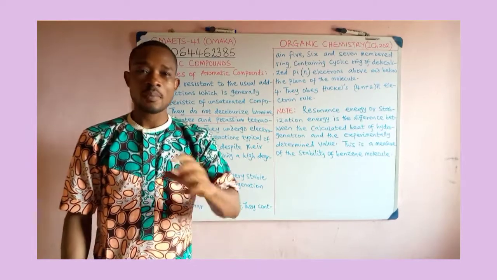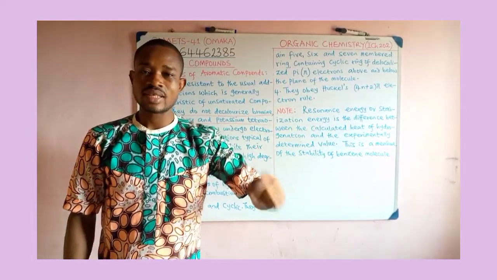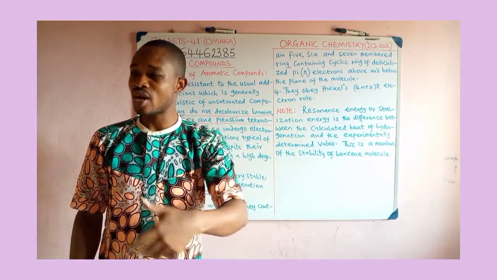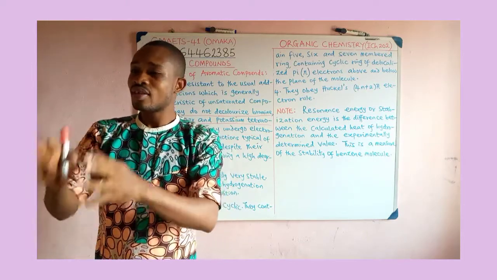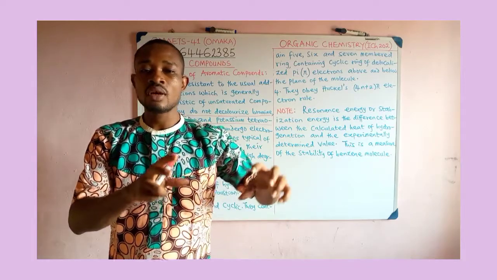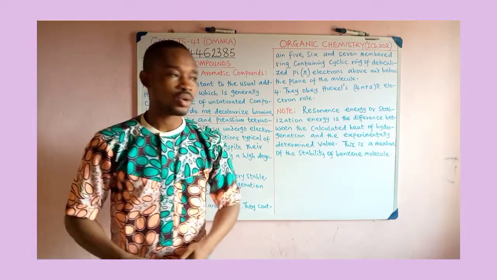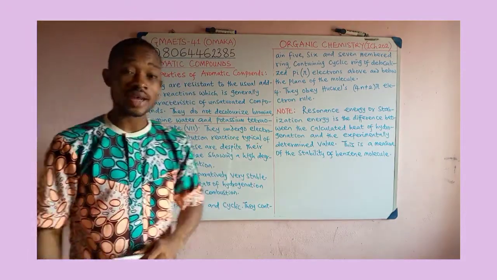When you compare them to cycloalkanes, for example cyclohexane, it's easier to hydrogenate cyclohexane as compared to hydrogenating benzene, which shows that aromatic compounds are comparatively more stable when you compare them to the likes of cyclohexane.